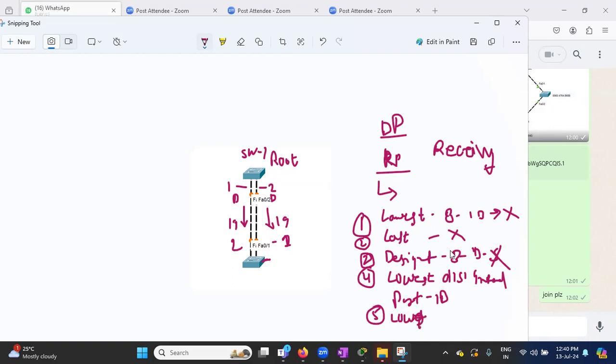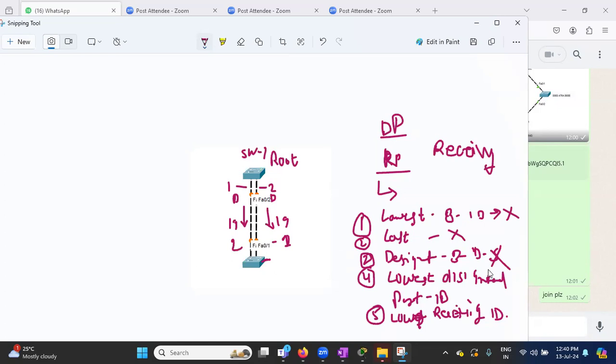Tell me. Lowest receiving port, right? You forgot or you have not written anything? I have not written this one. No, you have to. I am writing on the notepad, so you have to write the things, man.